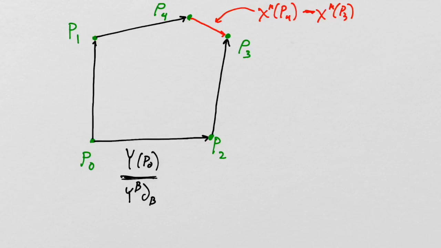So I would have written y beta p0 partial beta, or I could have said y beta partial beta evaluated at p0. I've seen both of those notations used.